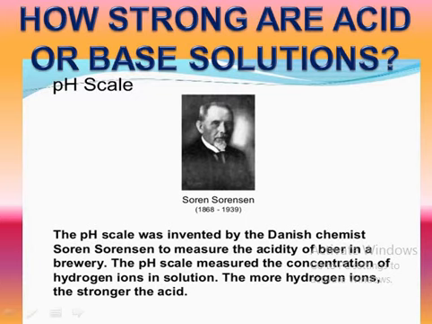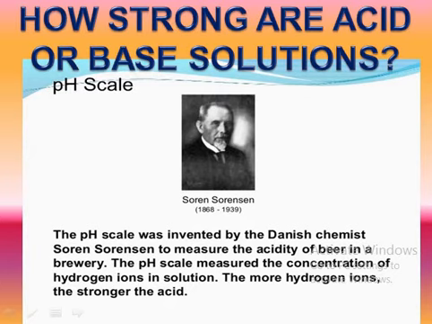And if we add HCl to this neutral liquid, what will happen? HCl will break into H positive and Cl negative ions. So we have more H ions being produced in this solution. Hence the solution becomes acidic.